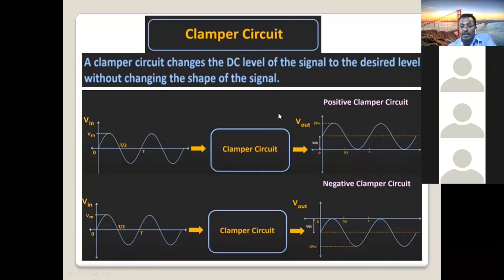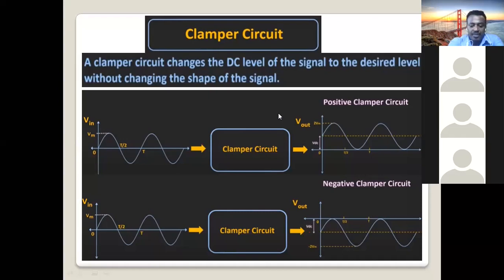Today we are seeing another wave shaping circuit called the clamper circuit. It's not used to remove or cut part of a signal. A clamper is used to add or change the DC level of the signal. The AC signal, the waveform, remains the same. The only change is the average or DC level.